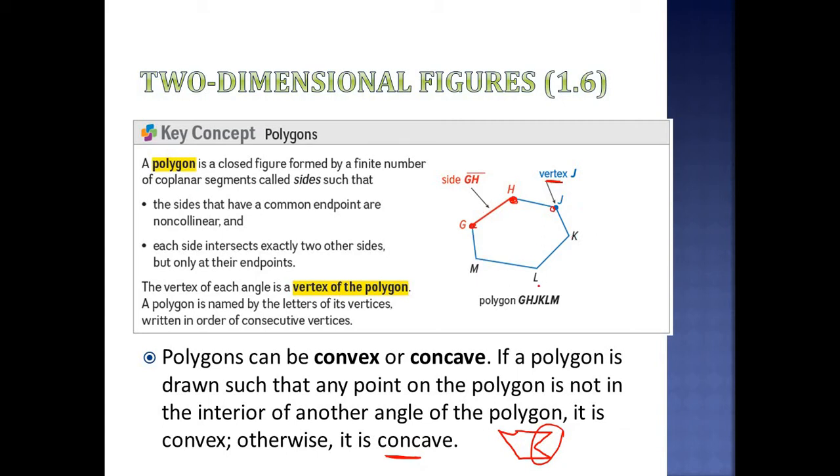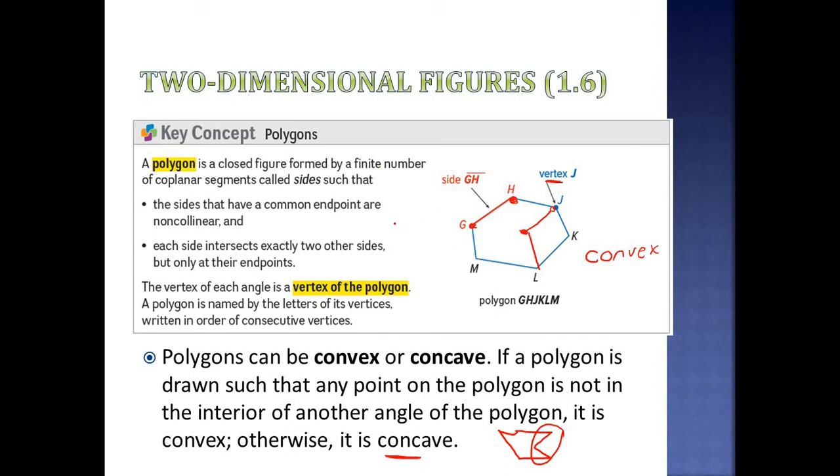This polygon up here, polygon GHJKLM, is actually a convex polygon because none of the vertices lie on the interior of an angle. Like if K was over here instead of where it is, it would cave in. But it doesn't, so that's why it's convex.